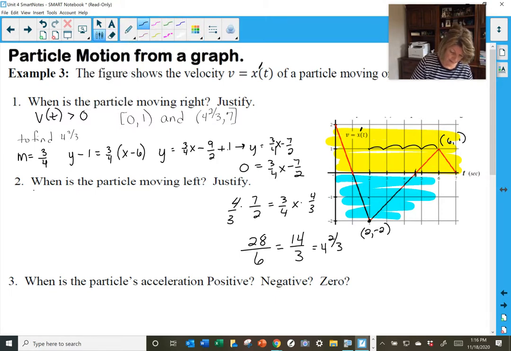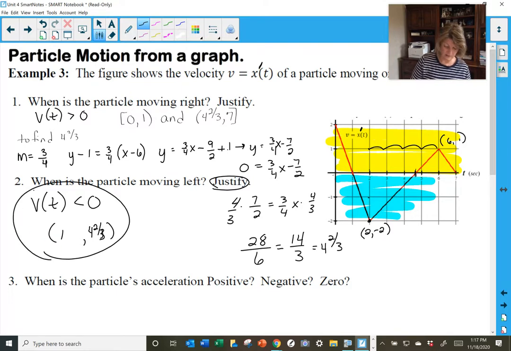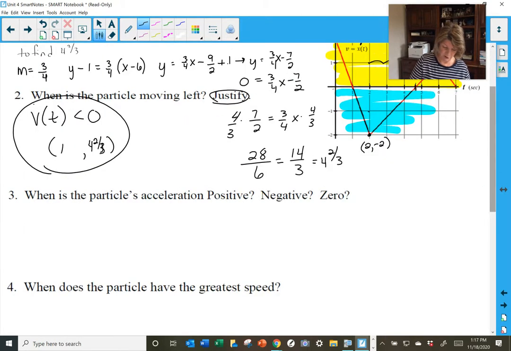One interval, and that would be when v of t is less than 0, and that would fall on the interval, using open brackets, 1 to our special number 4 2/3. The justification is going to be when the velocity is less than 0. So I'm not writing out full sentences here. I know I should, but I want to keep this a little bit shorter.